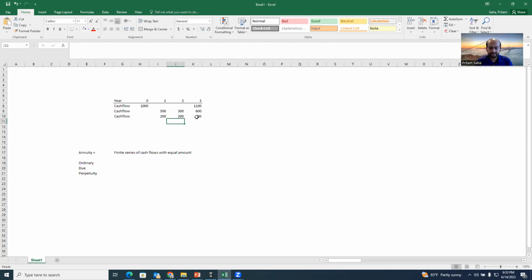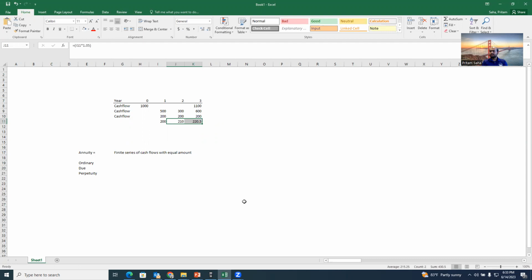Let's say we're talking about an annuity that will start at the end of year one with $200 and then grow each year by 5%. So that means this times 1.05 to the 10, 5%. So now it's not a constant cash flow, right?